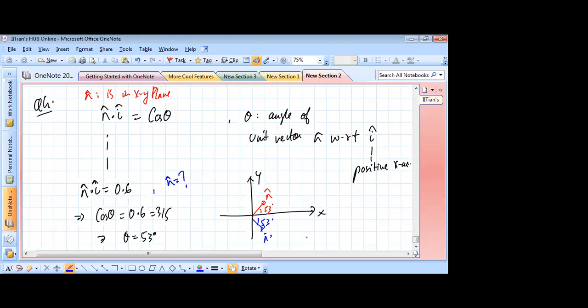So n cap will either be cos theta i cap plus sin theta j cap, that is 0.6 i cap plus 0.8 j cap, or it can also be the one where the angle is in the fourth quadrant, so it is 0.6 i cap minus 0.8 j cap. These two vectors satisfy the property of the dot product with i cap.